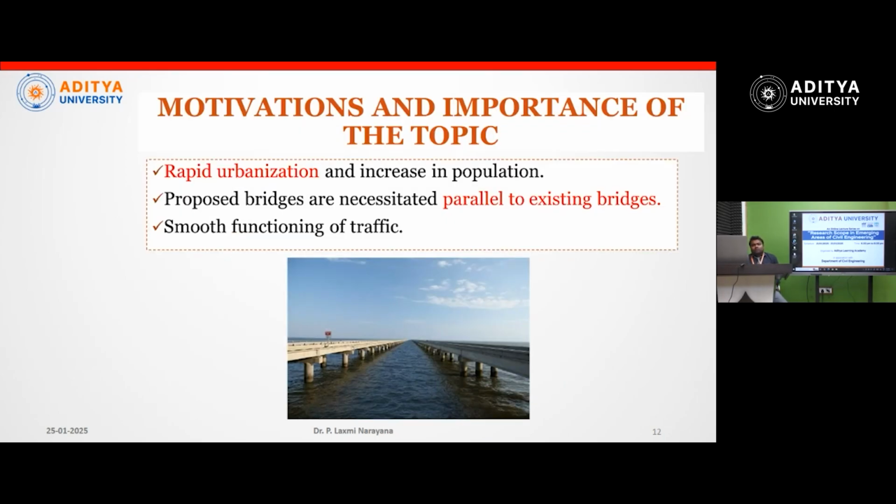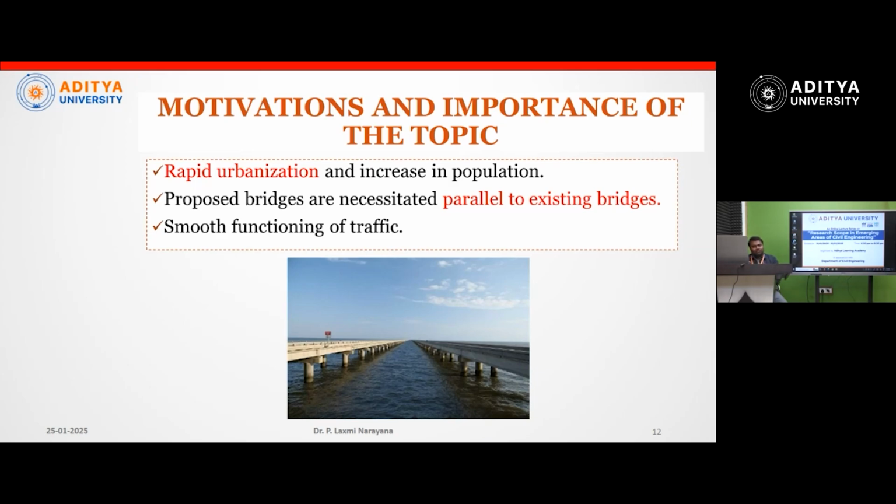The main motivation of the study is that due to rapid urbanization and increasing population, there is a necessity to construct an upstream or downstream bridge with respect to an existing bridge. Definitely there is a need, because all the bridges are very old but traffic is increasing.